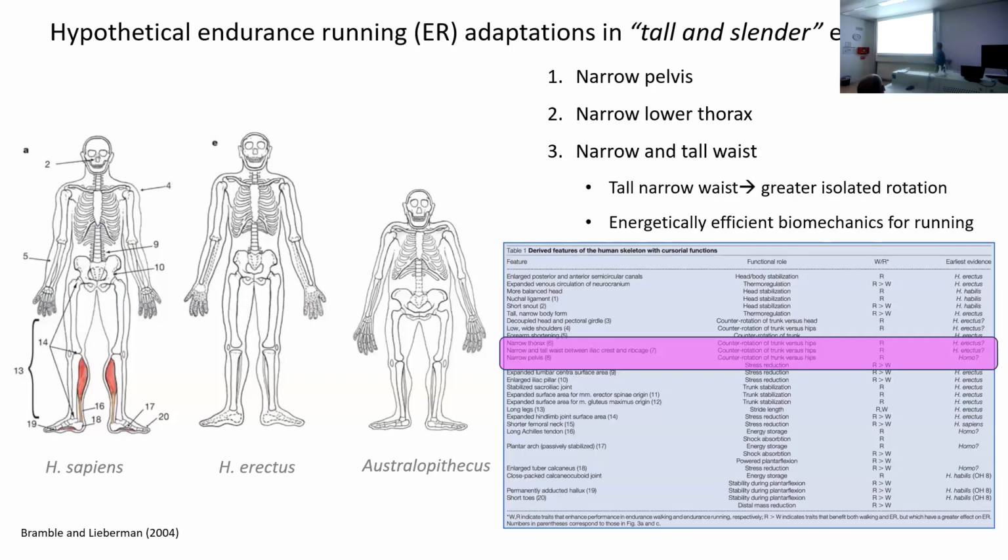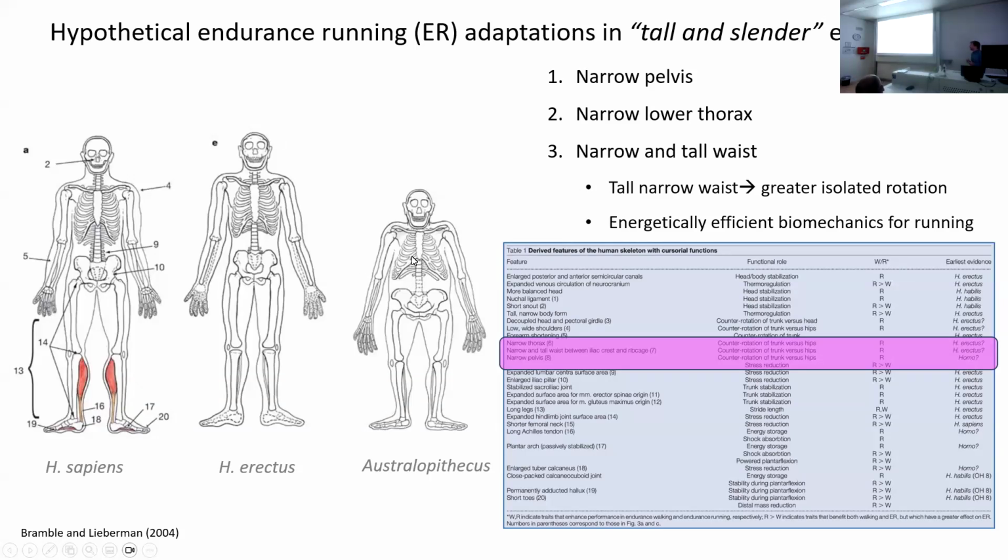And so it's interesting to know that specific adaptations of the human body, particularly with respect to the trunk, are interpreted as these endurance running adaptations. And those are mainly a narrow pelvis. Here you can see the comparisons of Homo erectus and modern humans in comparison to Australopithecus. A narrow lower thorax, which we have seen already, is a key feature of modern humans if we compare it to the Australopithecus, and a tall and narrow waist.